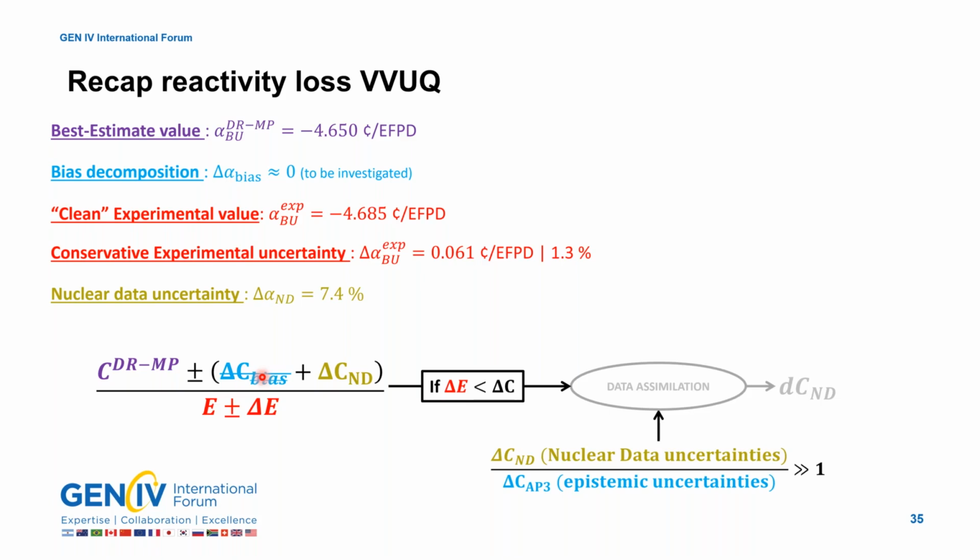And the nuclear data uncertainty is largely bigger than the experimental uncertainty. So we check this point, and this uncertainty is also largely bigger than the epistemic uncertainties, considered as 0. So we can go through data assimilation for the reactivity loss with the reactivity loss experimental feedback of Phenix.